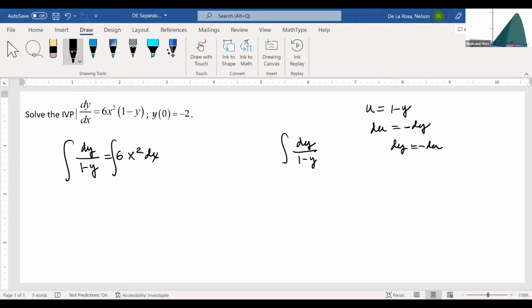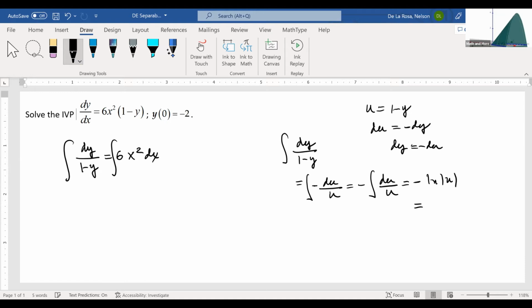So we have a new integral, which is the integral of negative du over u, and then we can rewrite it as negative integral of du over u, and that produces negative ln of absolute value of u.